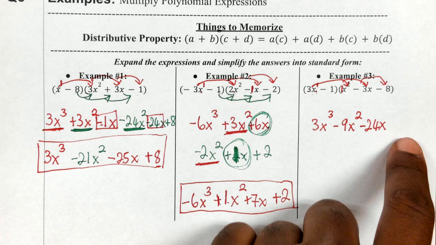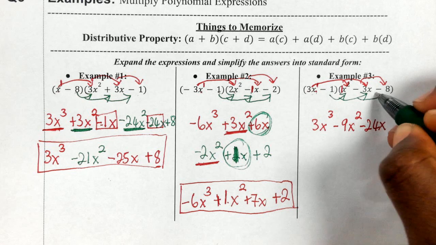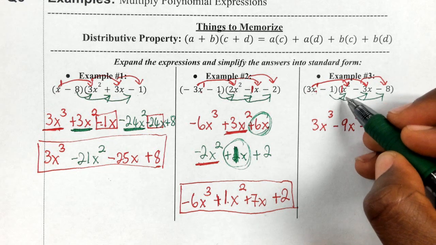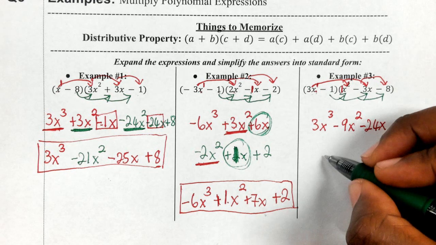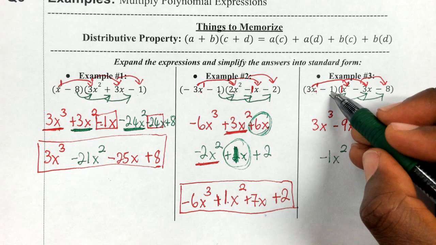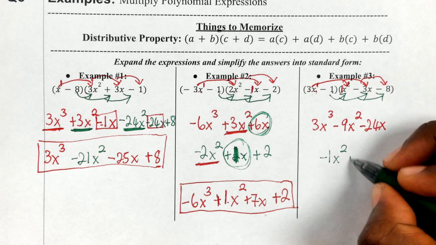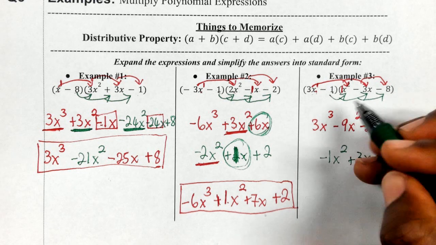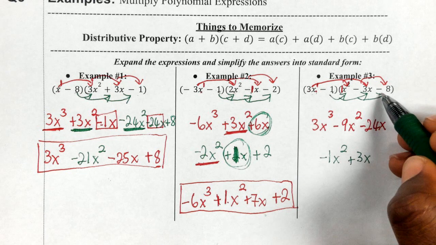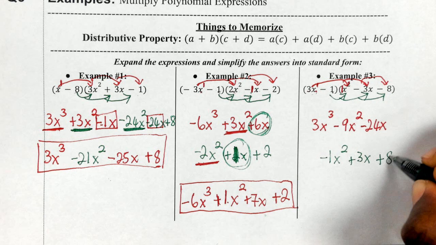So because I don't have as much space, I'm going to distribute the negative 1, but I'm going to write it below. So negative 1 times 1x squared is negative 1x squared. Negative 1 times negative 3x, a negative times a negative gives me positive 3x. And negative 1 times negative 8, a negative times a negative gives me positive 8.